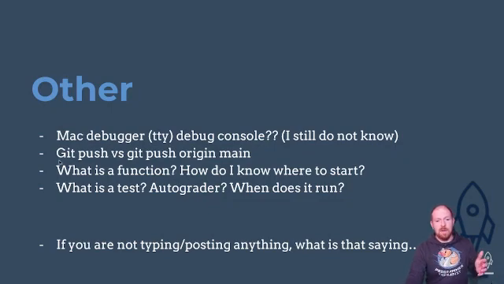The other things that a lot of people are talking about, like pushing with Git still, and what's the difference between push and push origin main. I'm just going to address this one right now. There are sometimes, and this is commands in general, that they're so common that the people writing the commands don't want to have to type the same thing over and over again.